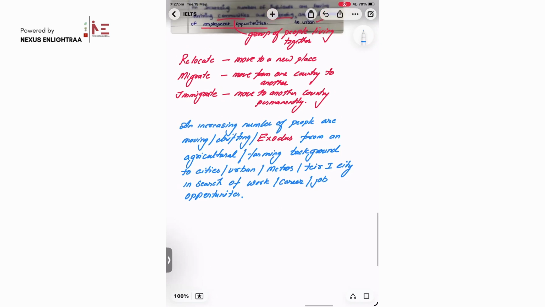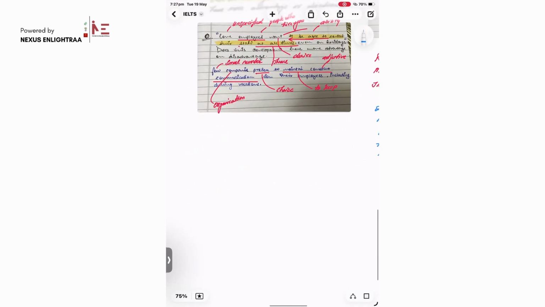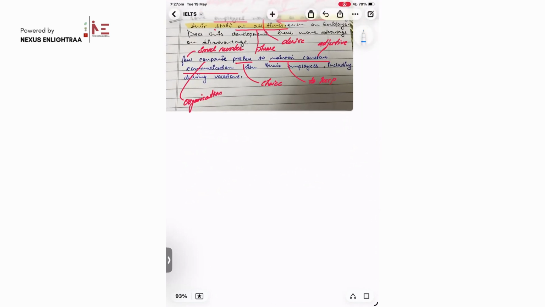Now let's go and see the other one, this one. This one is a little different than the one that we did right now. There are not many ways that you can write this one, to be honest with you.